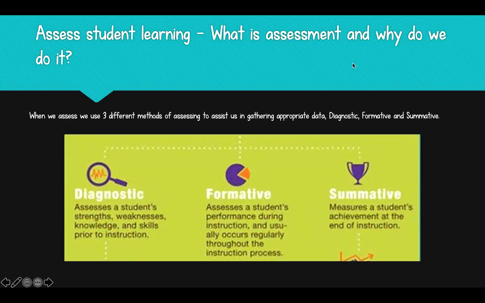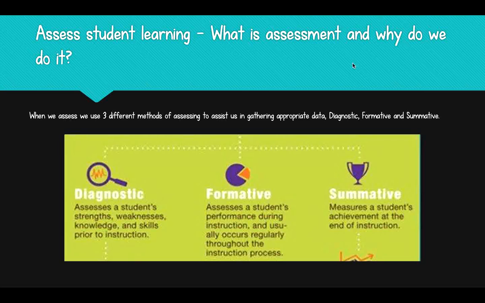When we assess, we use 3 different methods of assessing. So we've got diagnostic, formative and summative. Diagnostic is, so we're seeing what a student already knows, what their strengths and weaknesses are, and so maybe coming into a new unit, I would use diagnostic. You've also got a formative assessment, which assesses a student's performance during the instruction.